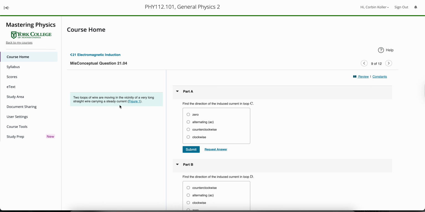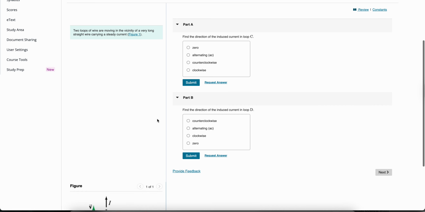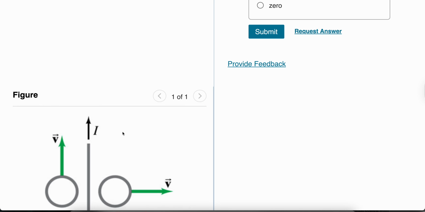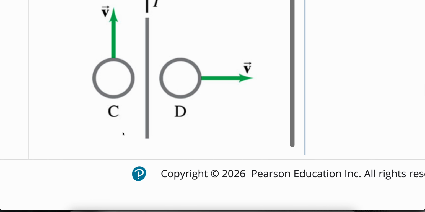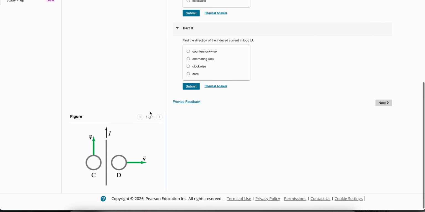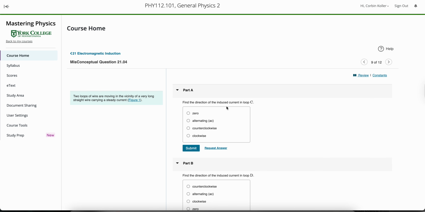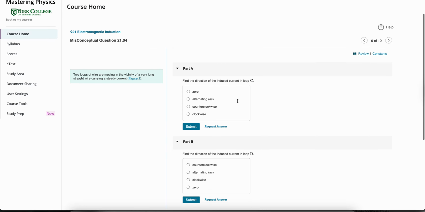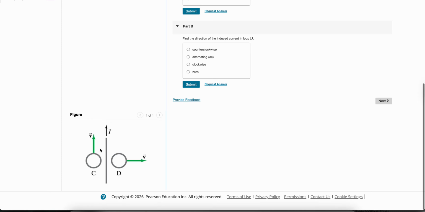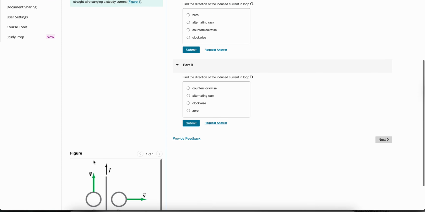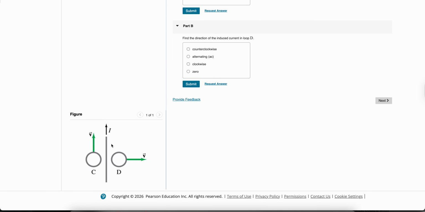Two loops of wire are moving in the vicinity of a very long straight wire carrying a steady current, as shown in the figure here. So I'll just show it here quick. We need to find the direction of the current in loop C generated by the magnetic field of this wire.